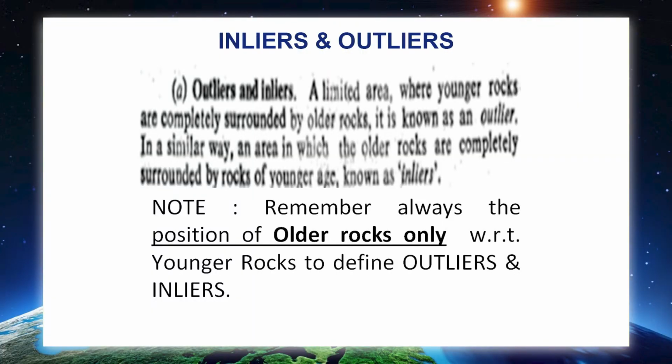what are inliers and outliers? When the formation takes place in such a way that the older rock gets surrounded, if you see the plan, the older rock will be seen at the center and the younger rock will be seen in concentric circles on the outside.